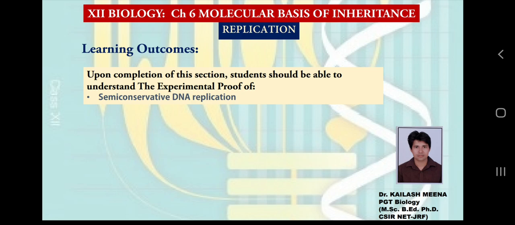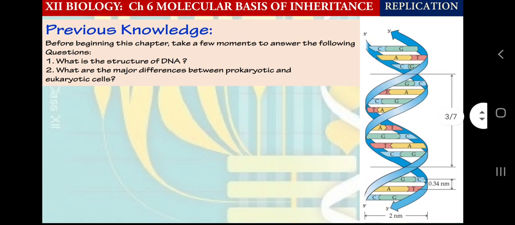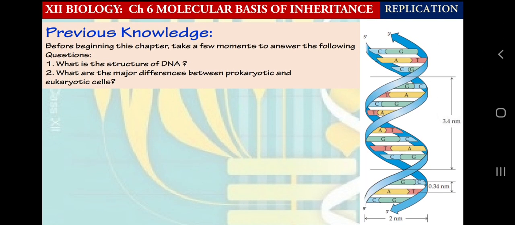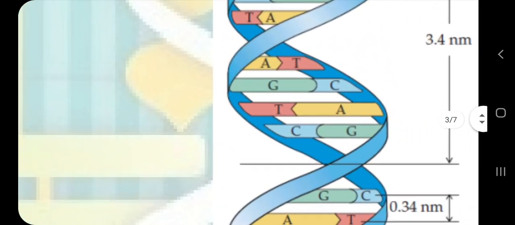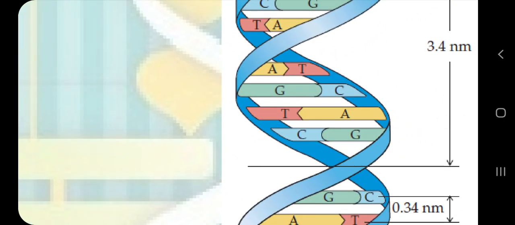DNA replication. Now, before jumping to the topic, we need some elementary idea which I have discussed in my previous videos of the series, the structure of DNA, because the structure of DNA is very crucial for the replication or duplication of DNA.